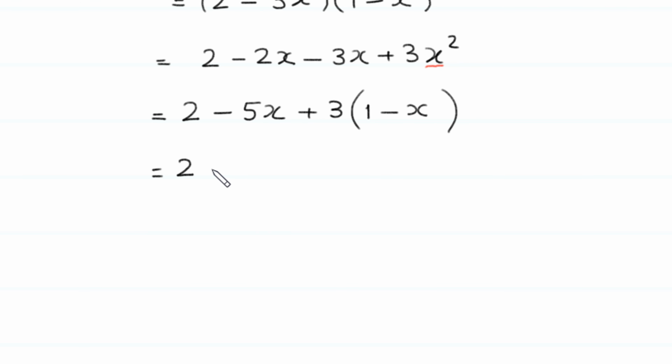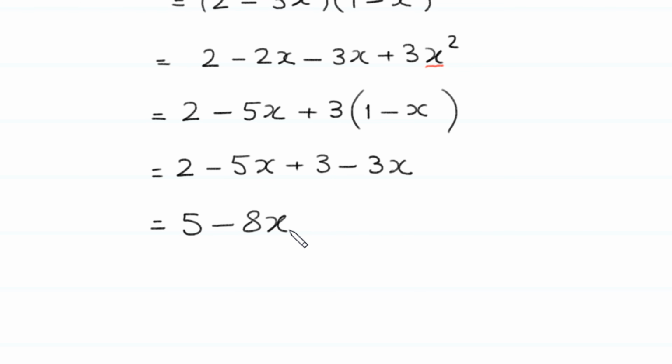Next 2 minus 5x, 3 times 1, plus 3 and plus 3 times negative x, negative 3x. Next this 2 plus this 3, 5 and minus 5x minus 3x, minus 8x.